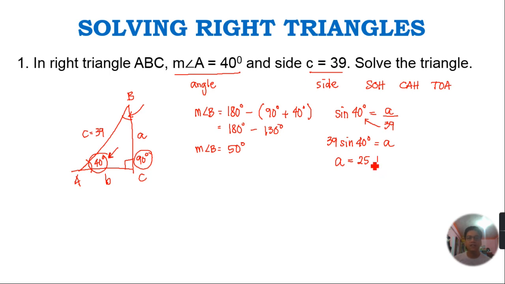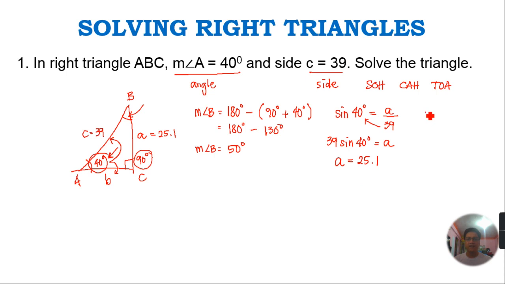Now, let's look at the B. We have already A as 25.1. If we're going to look at B with respect to the angle, B is adjacent to the angle, and then we have the given again, which is our hypotenuse. So in this case, that would be cosine, adjacent over hypotenuse. So we also solve for this.